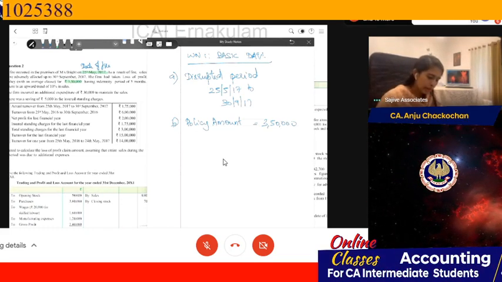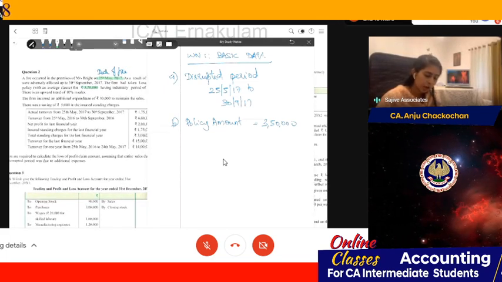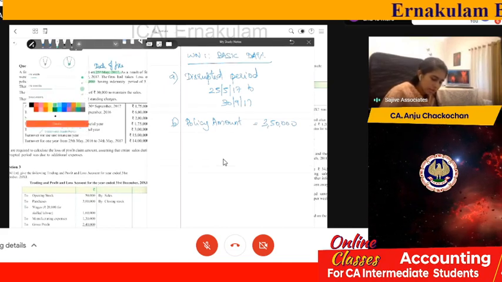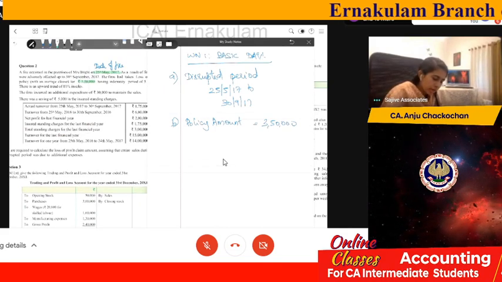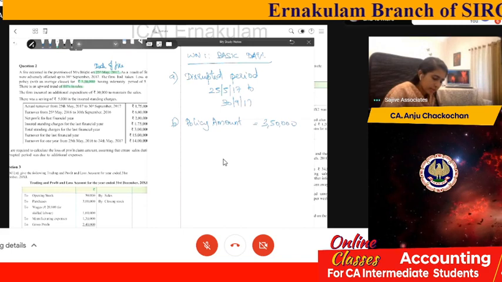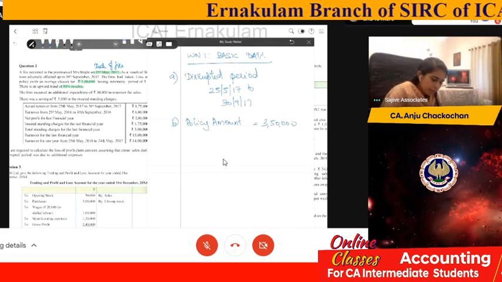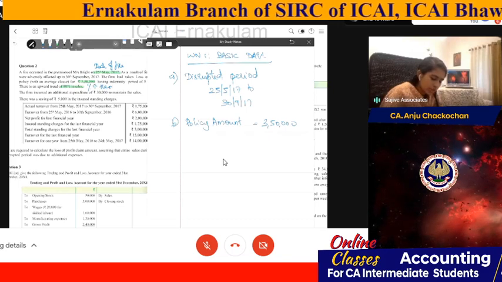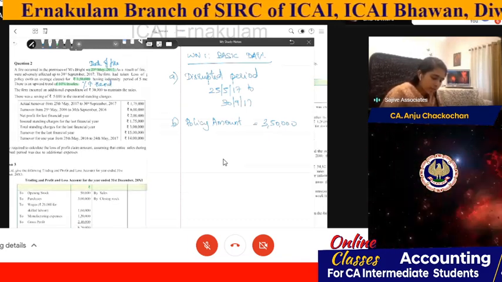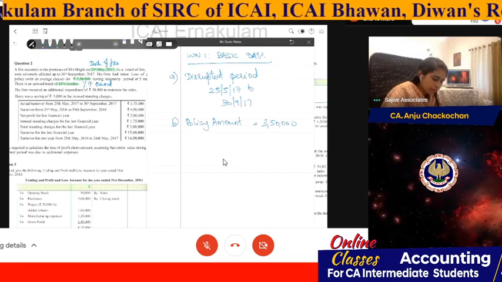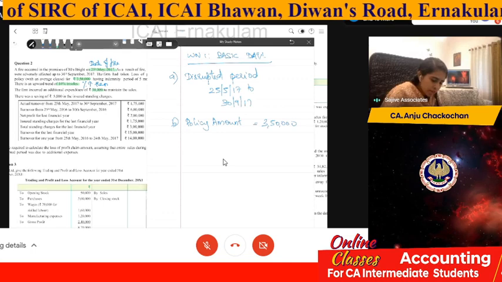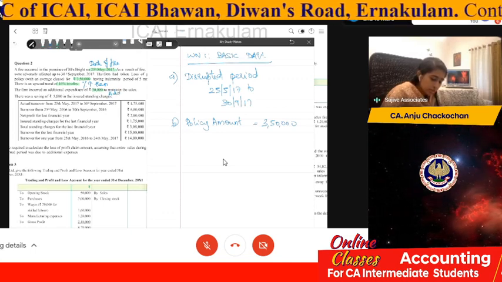Now there is an upward trend of 10 percent seen. So 10 percent increasing trend, percentage increase in trend. This is for trend adjustment. Additional expense is 30,000. 30,000 is given as additional expense.